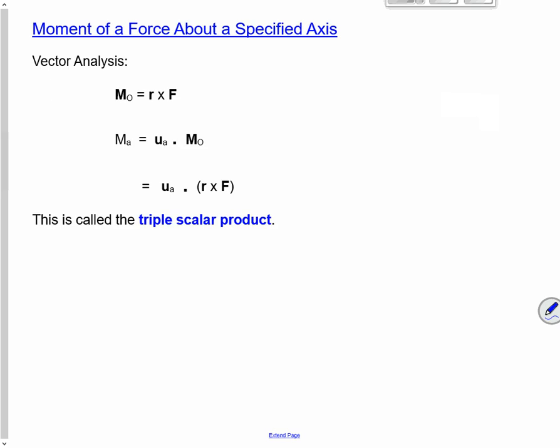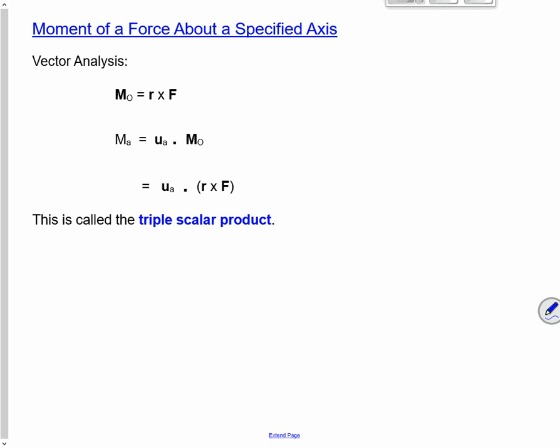All right, I can do this in a vector analysis. The moment about O is R cross F, but then I'm requiring it to rotate about a specific axis. So what I have to do is find the component parallel to that, which means I need to dot it with a unit vector along the direction that it's going to rotate, to get the moment about the axis.